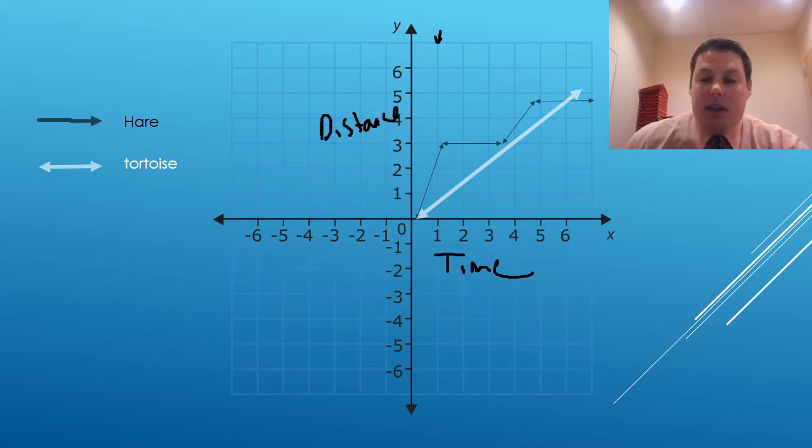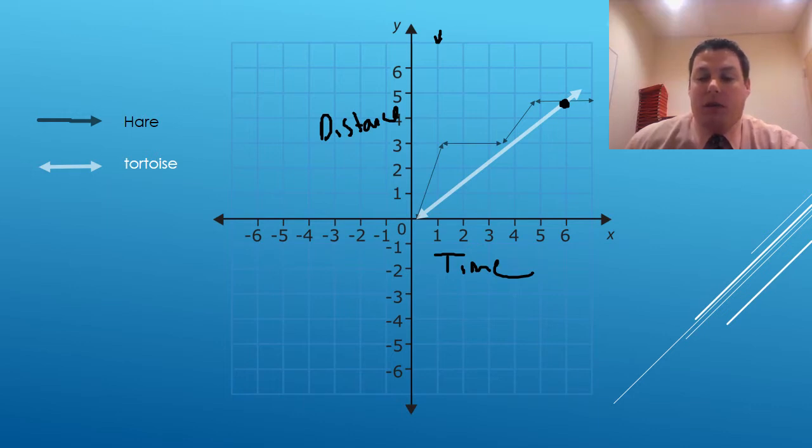So this here, where they intersect, would be the point where the tortoise actually passes the hare.